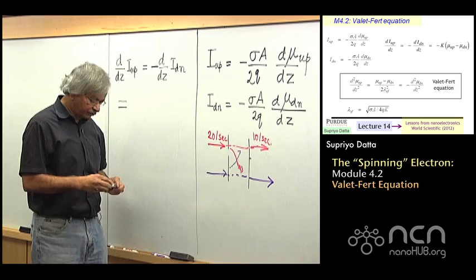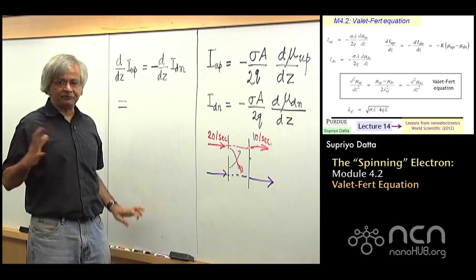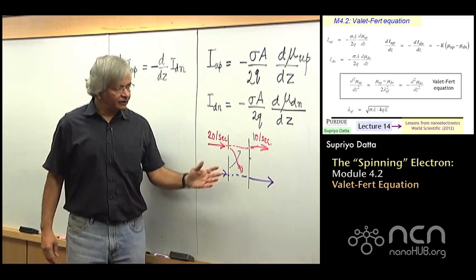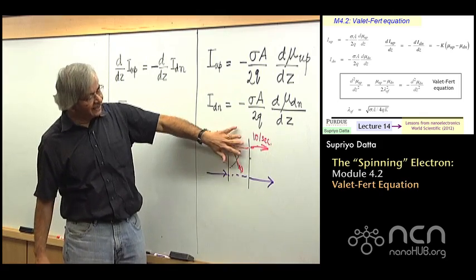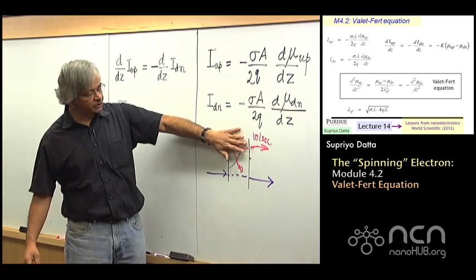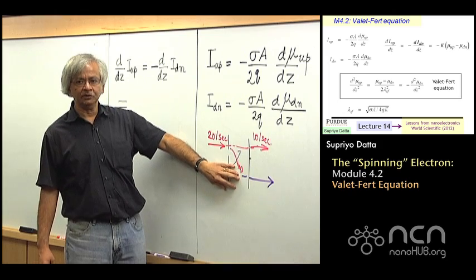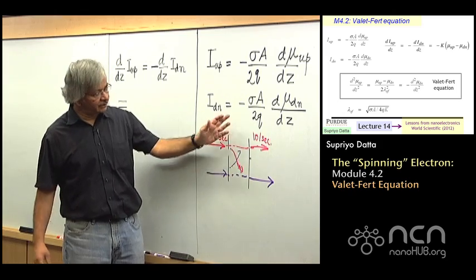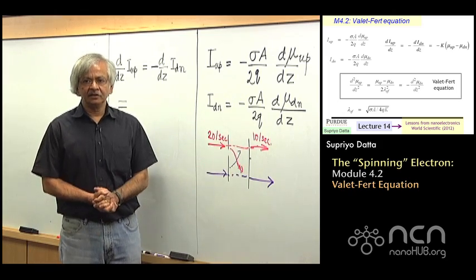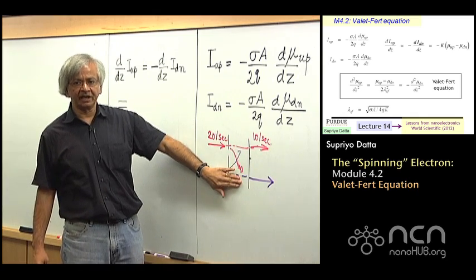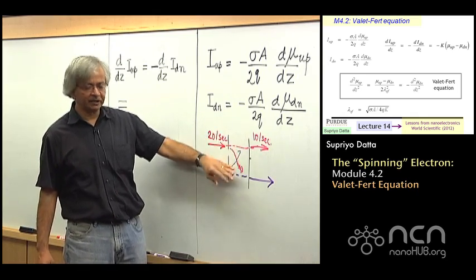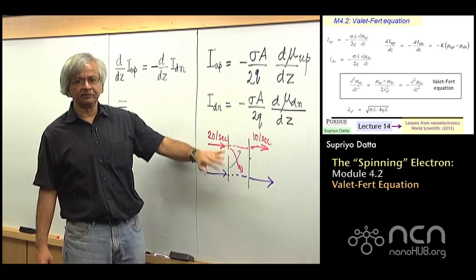And this is where, of course, what you'd expect physically is, thinking of this as cars on a highway. Let's say you have a lane that is jam-packed, lots of reds going along, very few blues. And then you say that you are allowed to change lanes. What you'd expect is lots of reds would come over to the blue side, but not as much the other way, so the net flow would be from the red to the blue.